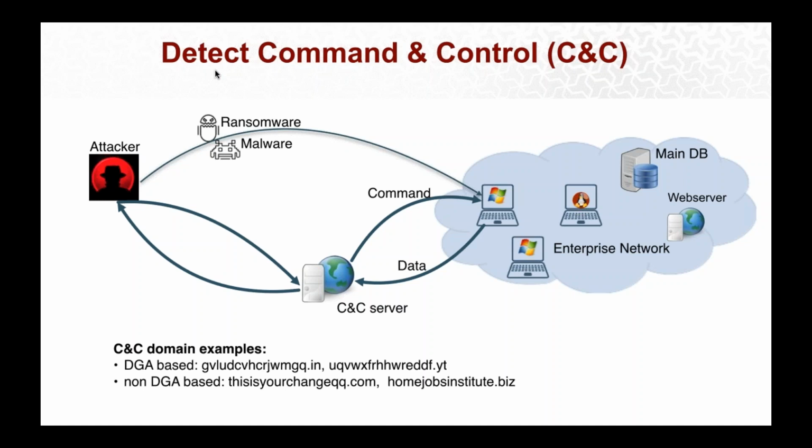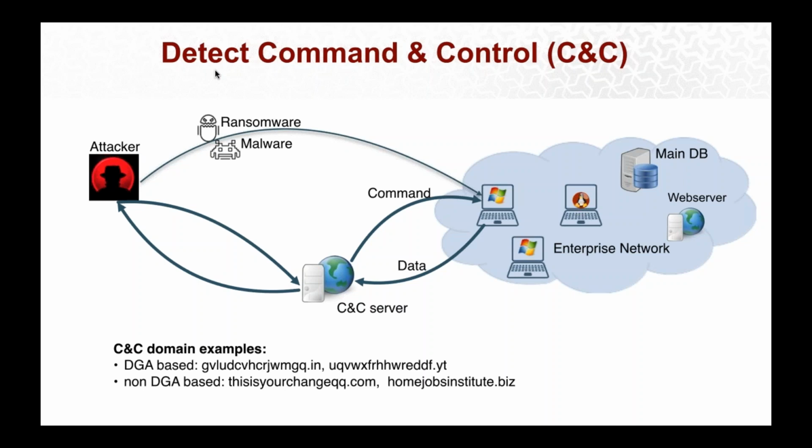In the case of WannaCry, there was one CNC that the attacker was using for communication to get the encryption key or to send the encryption key over there. And typically, ransomware or malware needs to do that communication to get the next set of instructions or to get the key exchange done over the server.